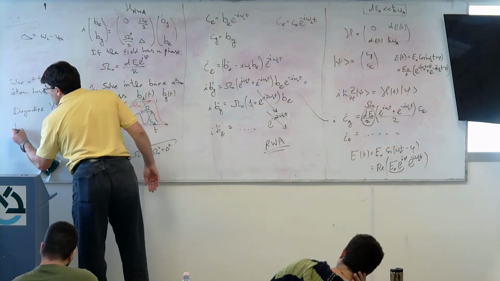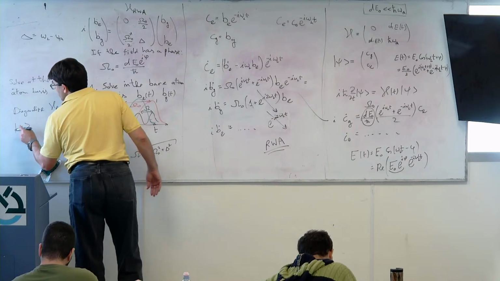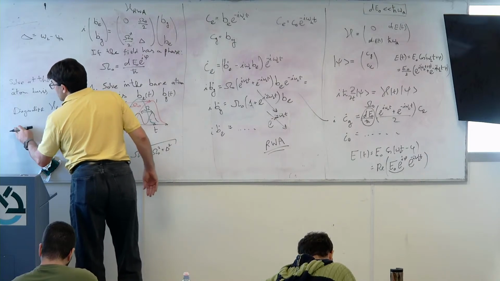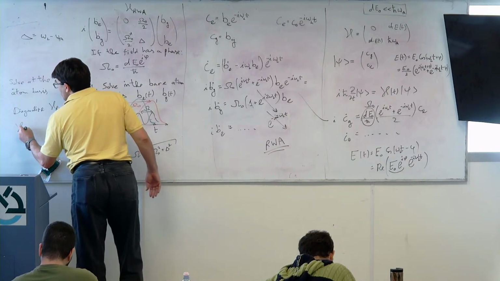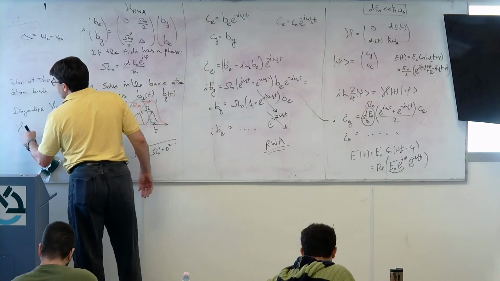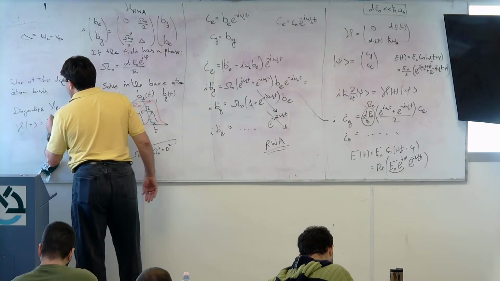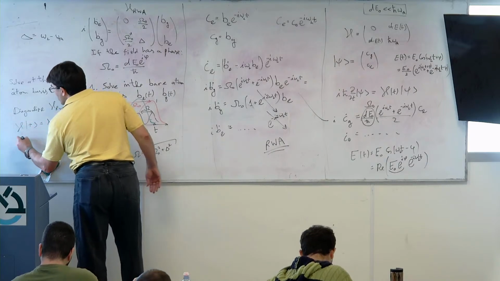So we found the plus state, where H, rotating wave approximation. I always mean the rotating wave approximation Hamiltonian, so I'm not going to write it. H on state plus equals lambda plus times the same state.